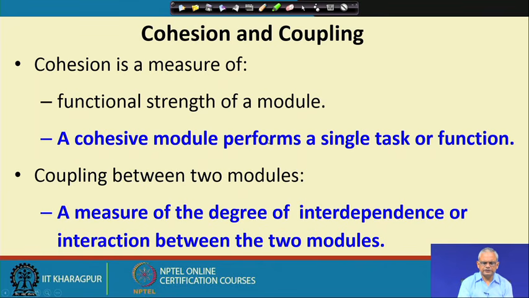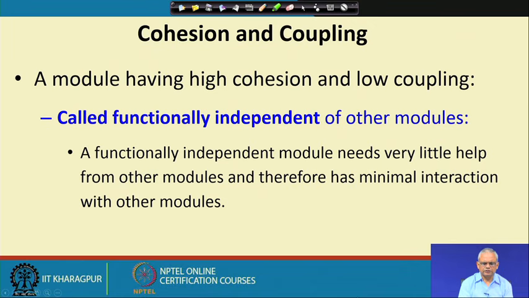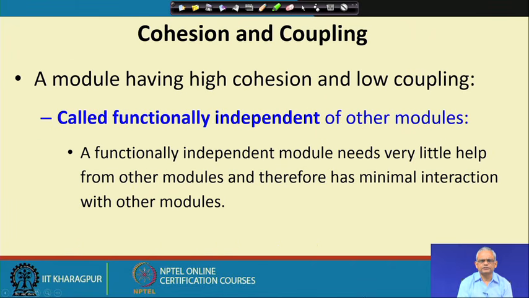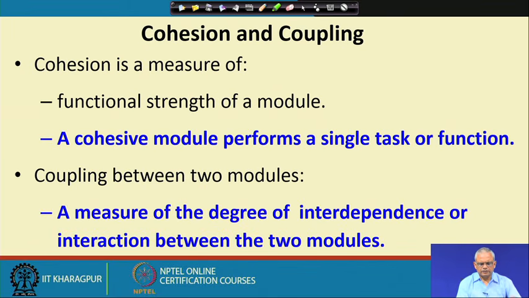Cohesion is defined for a single module, and we say that a single module is cohesive if it performs a single task. If it does many things, then it is not really cohesive. And coupling is how much dependent one module is on another module.